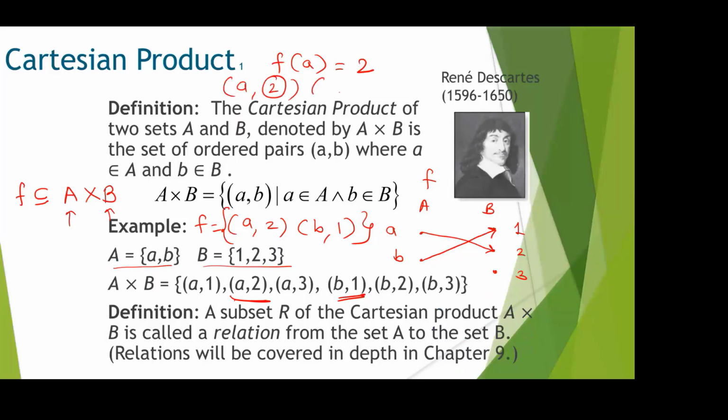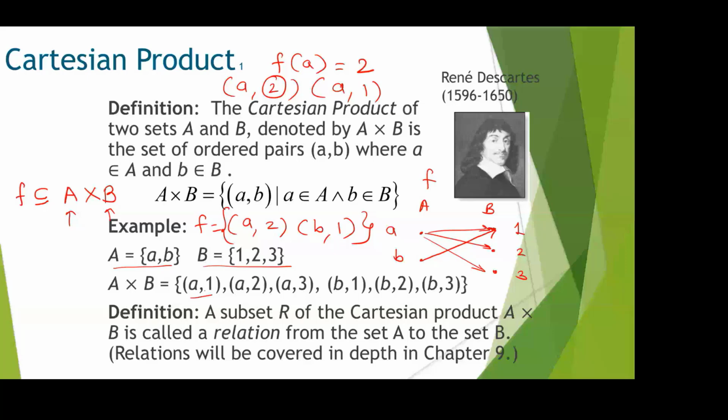I cannot have that once I give a, I get output 1, and another time I give a, I get output 3. For any one element, every time you apply f, you get a unique value. So a cannot have arrows going towards 1, 2, and 3 at a time. Out of these 3, only one single value will be there along with a. So that is our restriction.